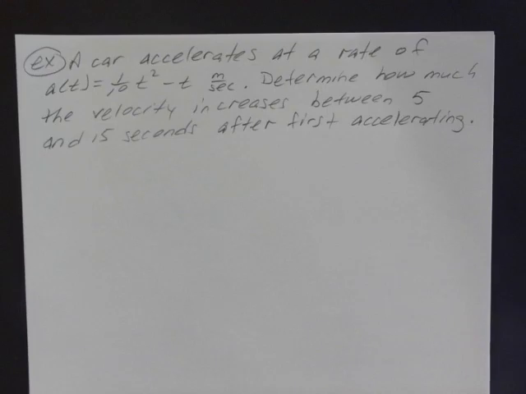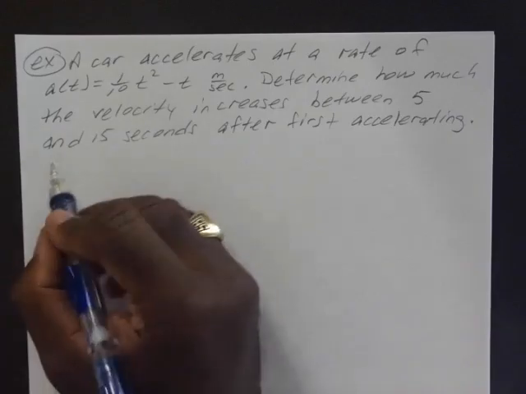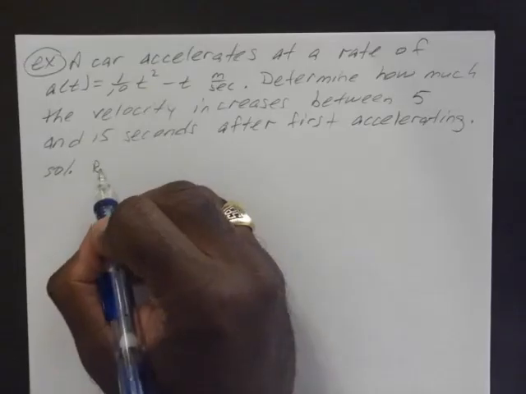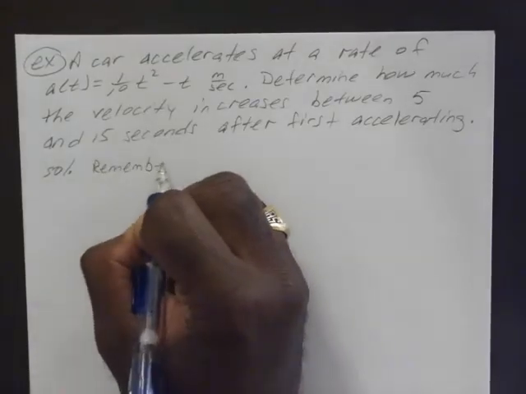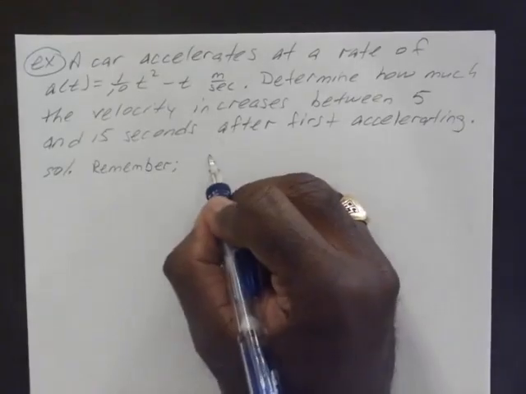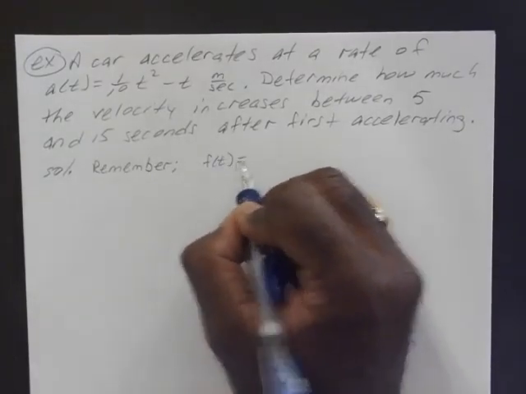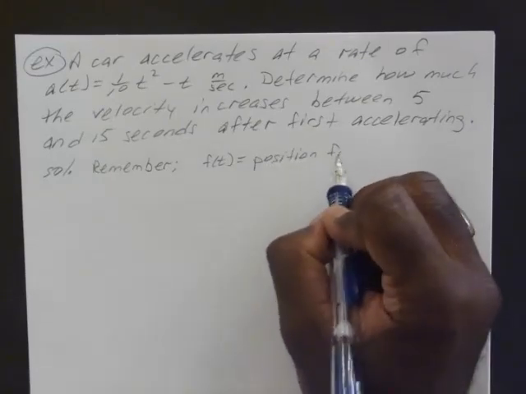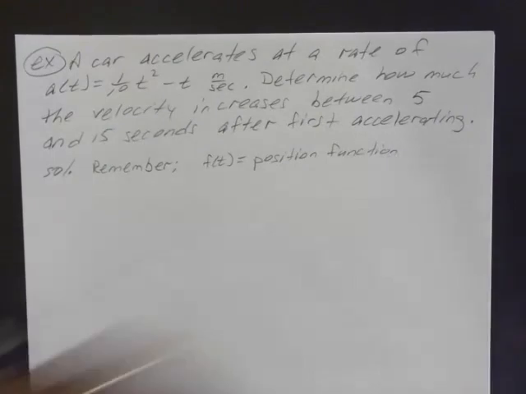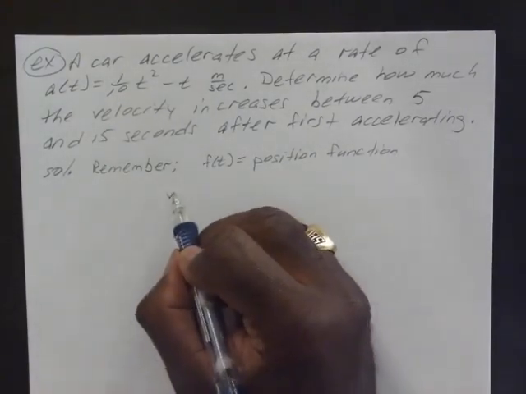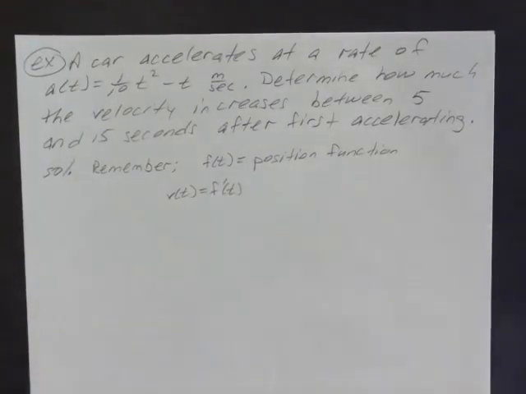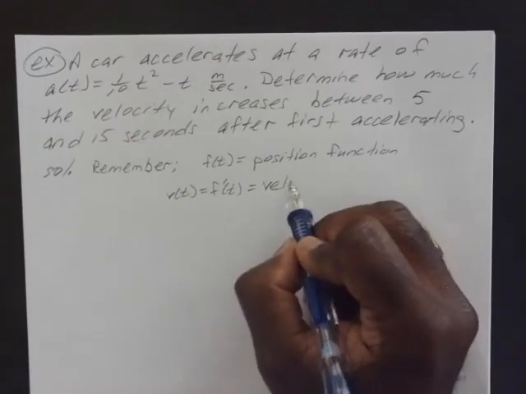Okay, so this is another one that can be really tricky if you're not being careful. And that's because you want to remember that f of t, that's your position function, your v of t, or your first derivative of your position function, is your velocity function.